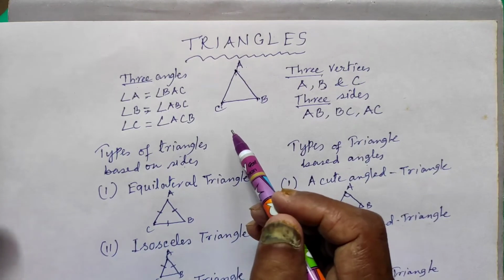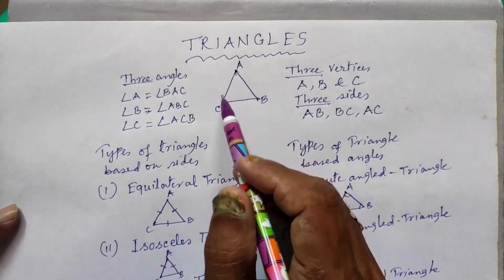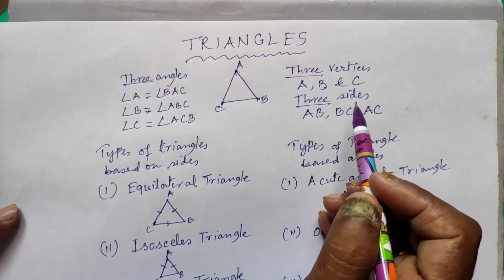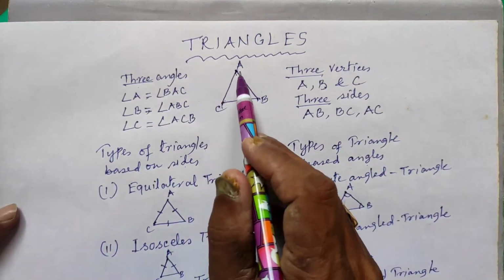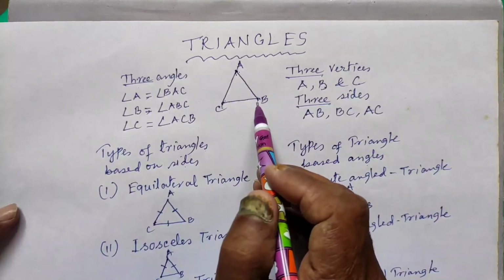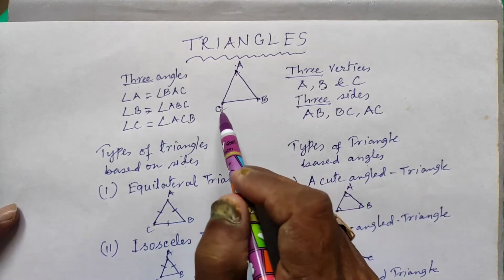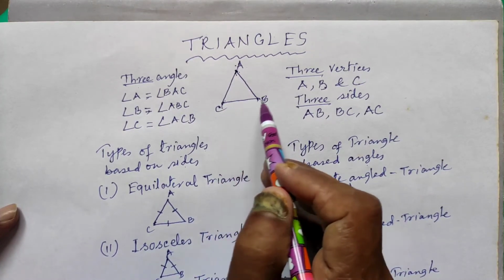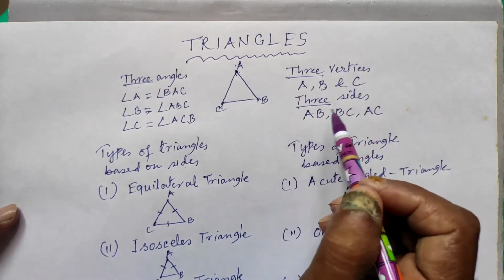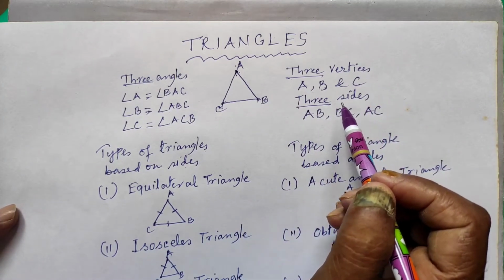Then we come to know from this triangle that there are three sides: side AB, side AC, side BC. So we have got three vertices and three sides, and what else are we getting?